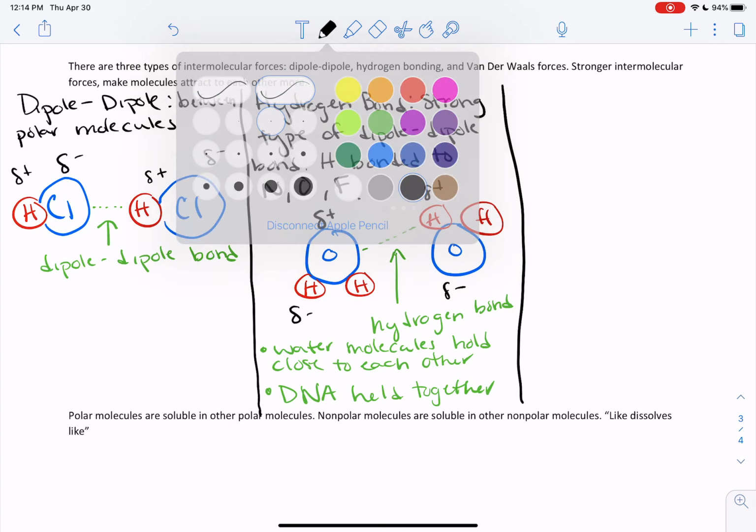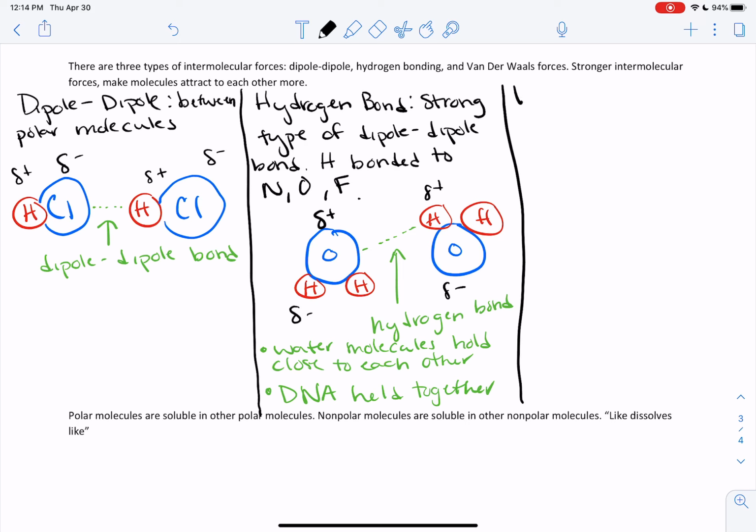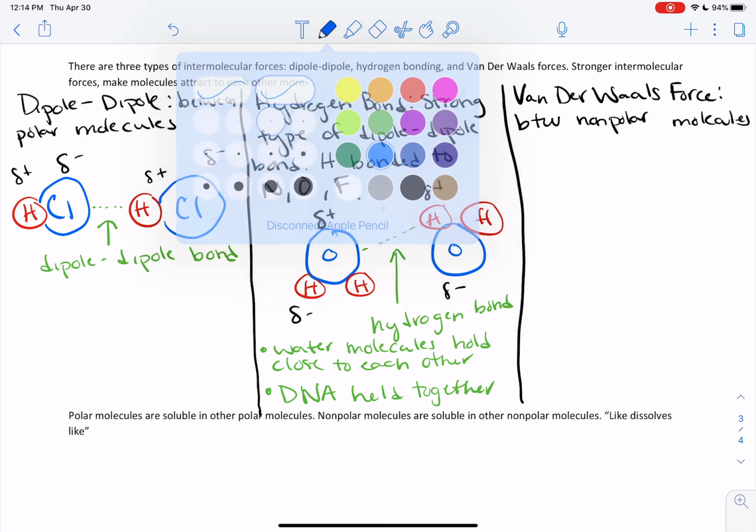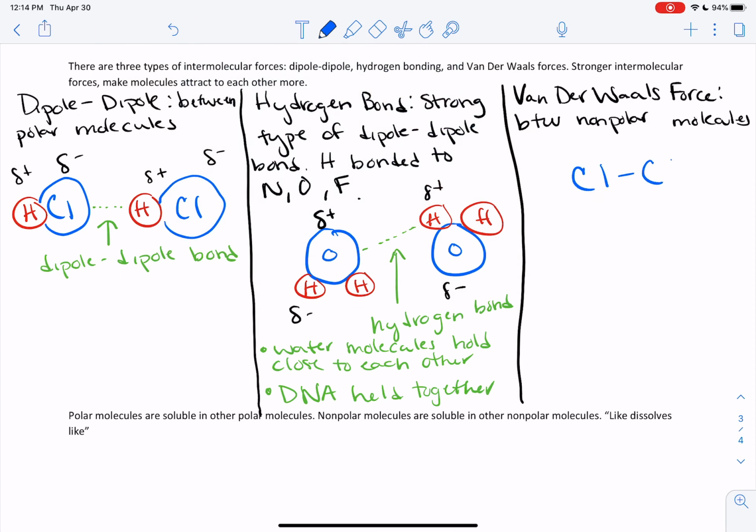The last type of intermolecular force is a van der Waals force. This is the only type of intermolecular force for a nonpolar molecule. So this is between nonpolar molecules. So how this works is, let's say we have chlorine.